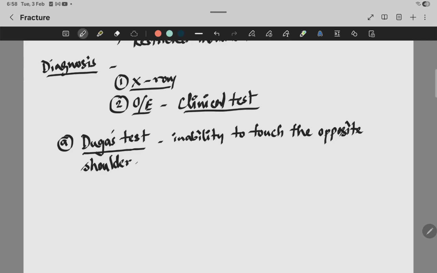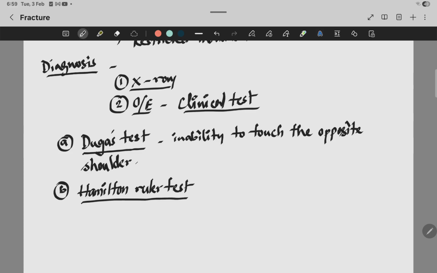Okay. Next test is the Hamilton ruler test. What is the Hamilton ruler test?